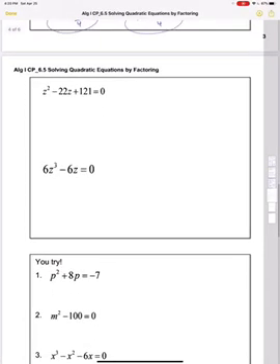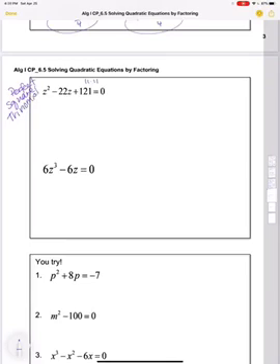Okay, doing well. This next one, ooh, 121, I recognize that. That's 11 times 11. And this is a perfect square trinomial.